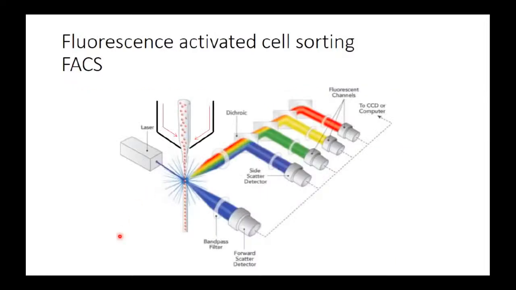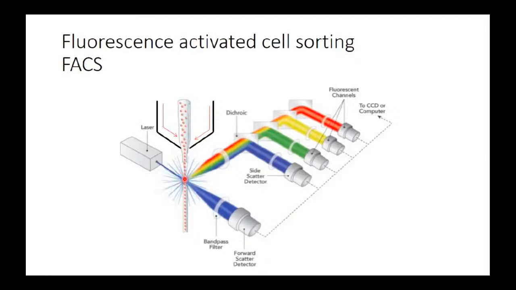A FACS machine looks like this from inside. So we have also the flow cell and the sheath fluids, which apply the hydrodynamic forces on the cells to pass them one by one through the tube. This is what we saw in flow cytometer in the previous video. The cells will pass one by one through the cell tube, and then we have the laser. So the cells will pass through the laser beam one by one.